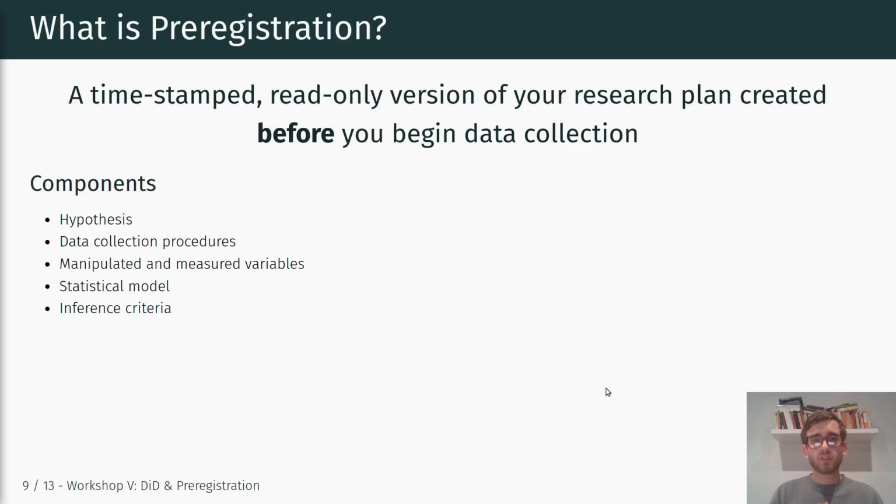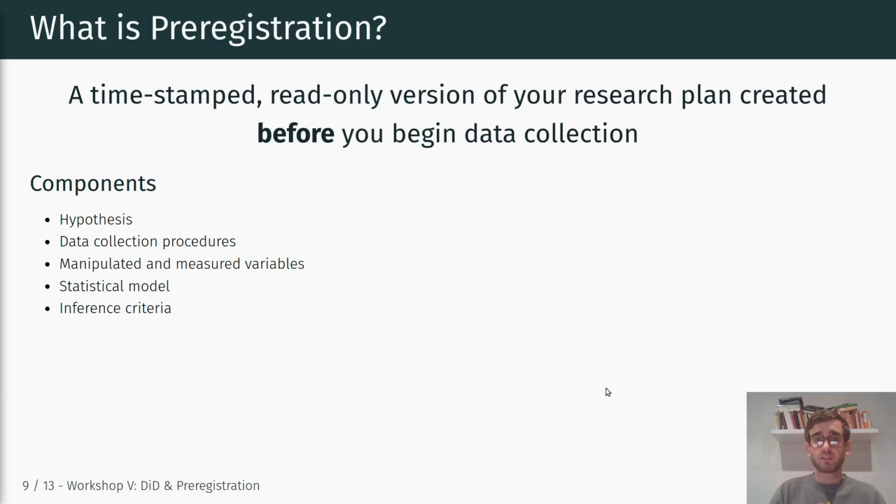But in general, the important key components of a pre-registration are, of course, the hypotheses that you want to test. But you also have to outline the data collection procedures, as well as manipulated and measured variables. So how exactly do you conceptualize your theoretical constructs? How do you measure your independent and your dependent variables? What are the types of treatments, the interventions that are part of your study, and so on? You also have to specify your statistical model, as well as the inference criteria.